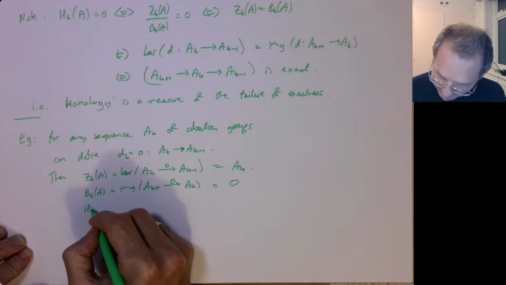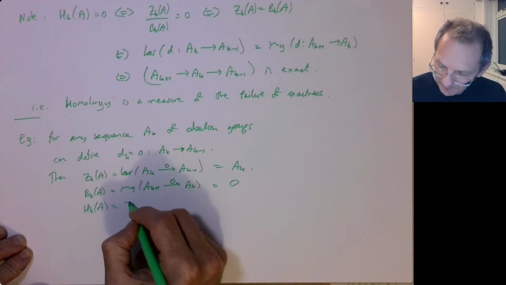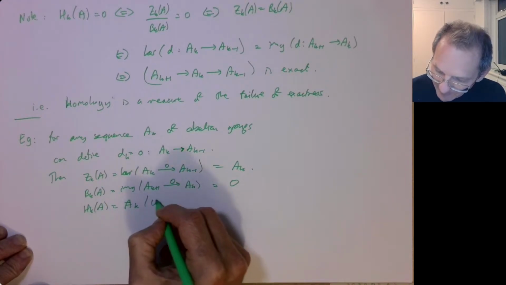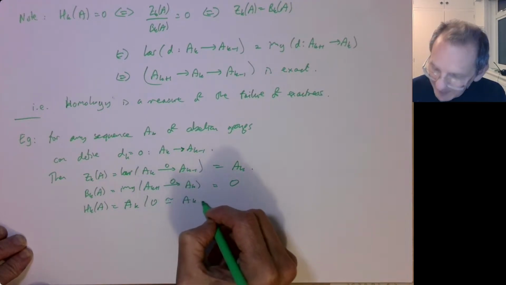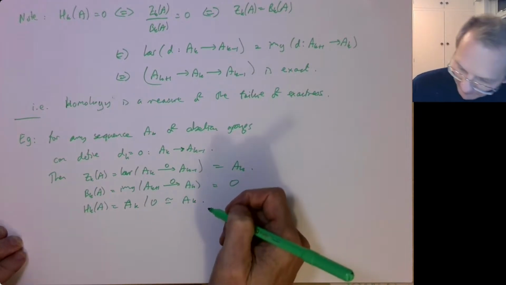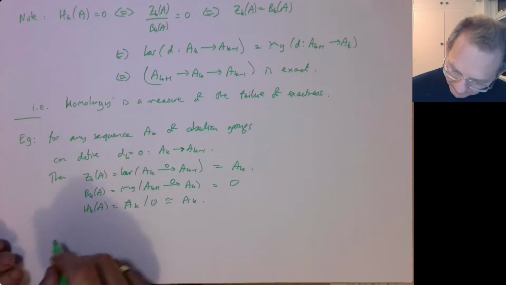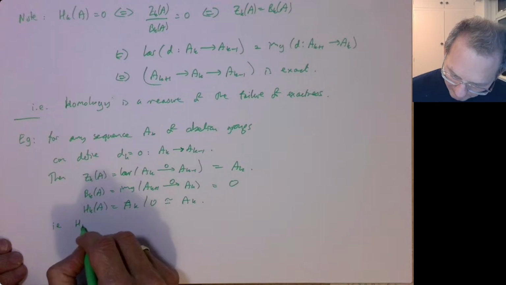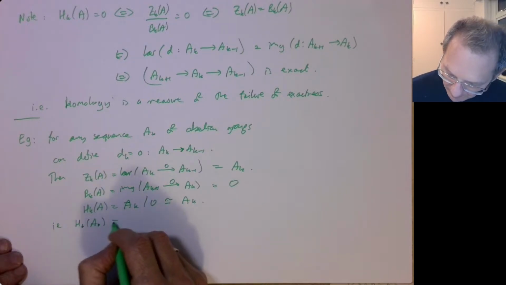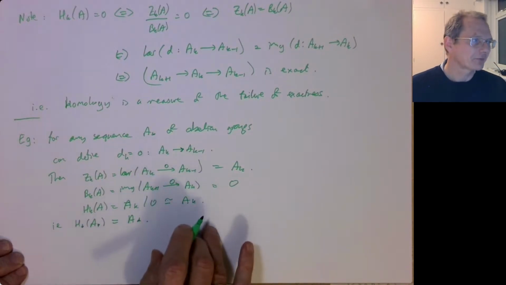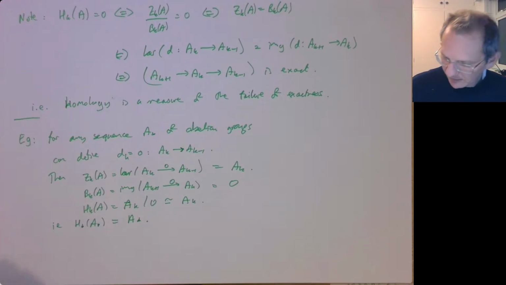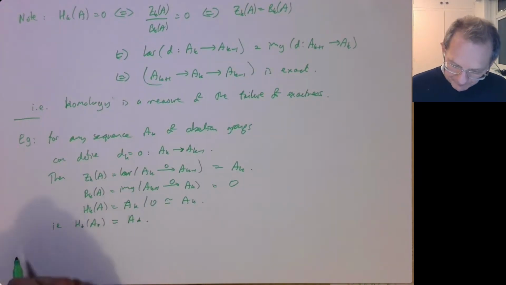And so the homology is going to be the quotient A_k mod 0, which is basically the same thing as A_k. So in this situation, where the differentials are 0, the homology is just equal to the original sequence of groups.